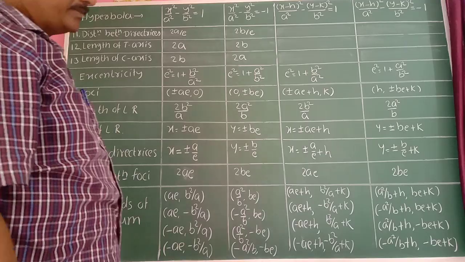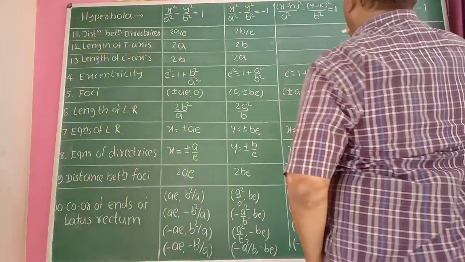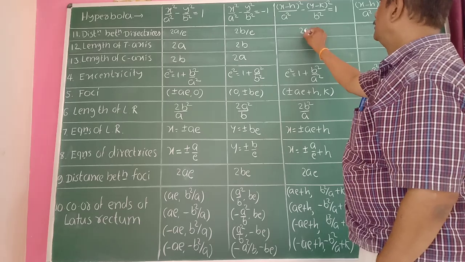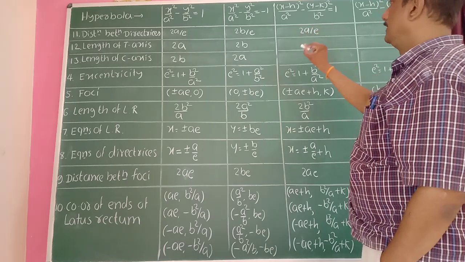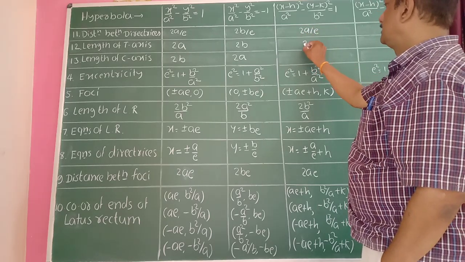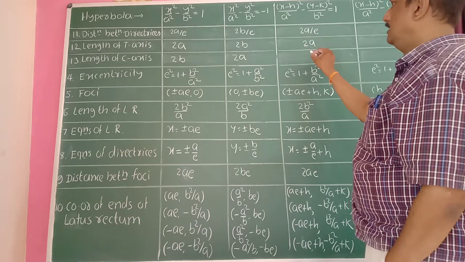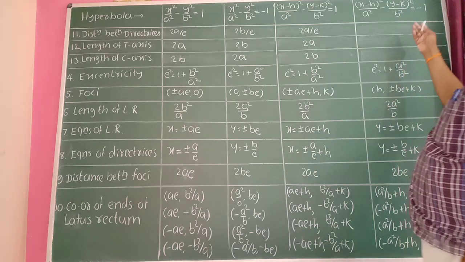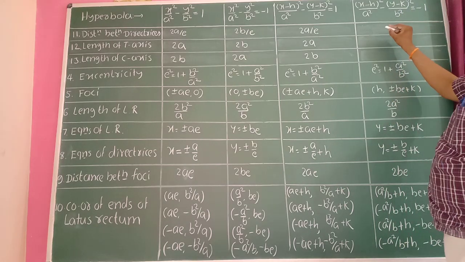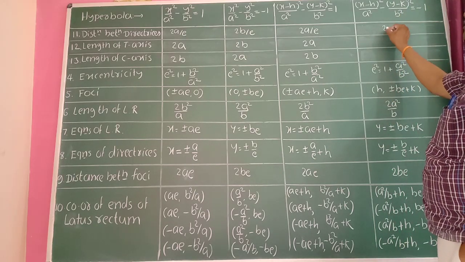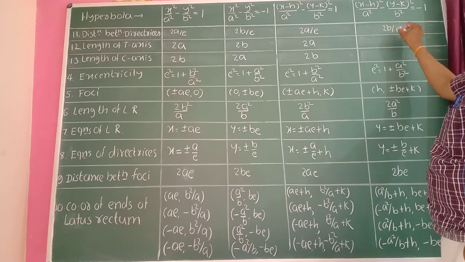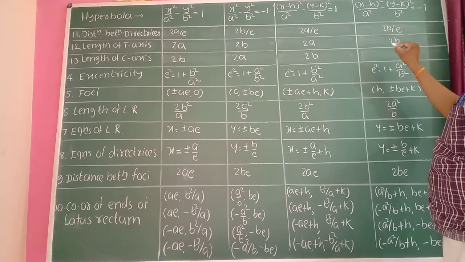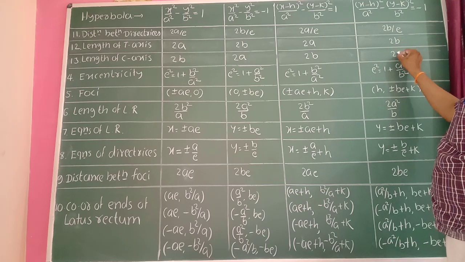Similarly, for this shifted hyperbola, distance between directrices is 2a divided by e, the length of the transverse axis is 2a, length of the conjugate axis is 2b. And for this conjugate hyperbola, distance between directrices is 2b divided by e, length of the transverse axis is 2b and the length of the conjugate axis is 2a.